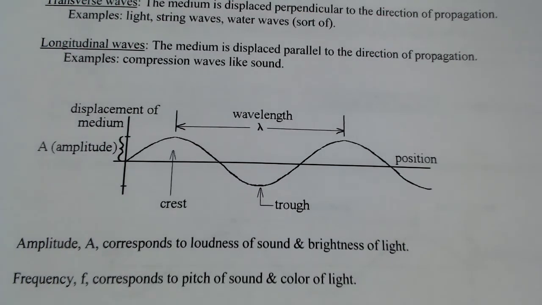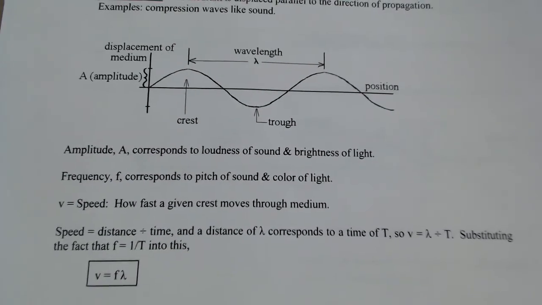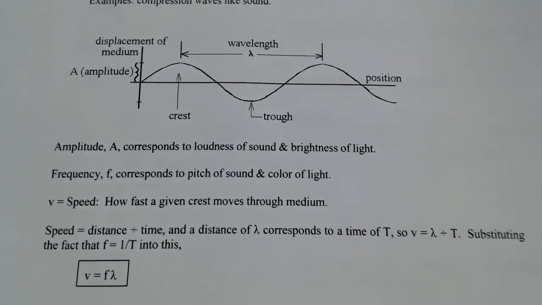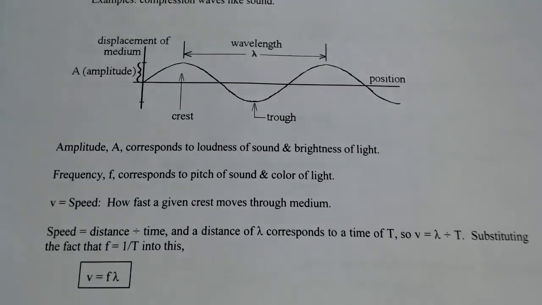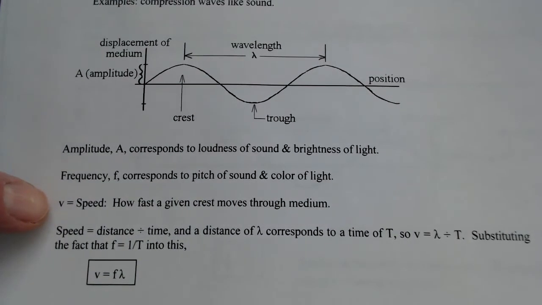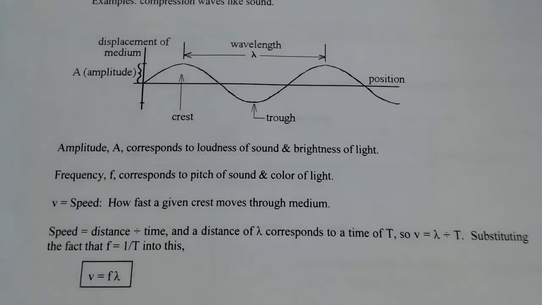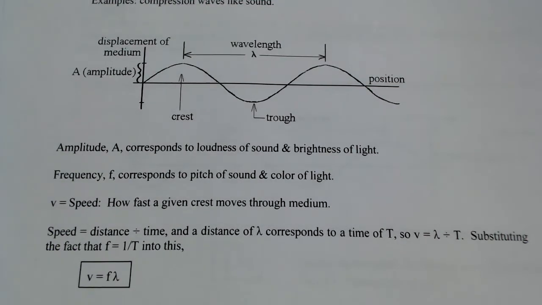And then one more thing on the list. The speed of the wave. We're talking about the speed of sound, the speed of light, or how fast a water wave travels across the lake. The primary thing that affects the speed of a wave is the medium.